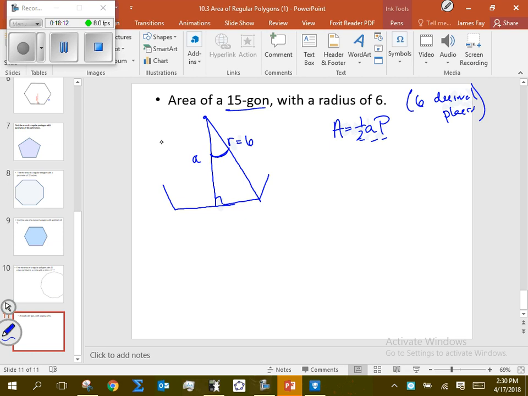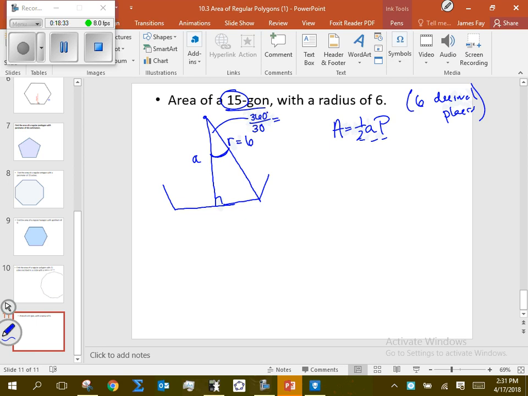Okay. So that angle is found by taking 360 divided by 2n. There's n, right? So I'm going to take 360 divided by 30. 2n is 30. We're going to take 360 divided by 2n.